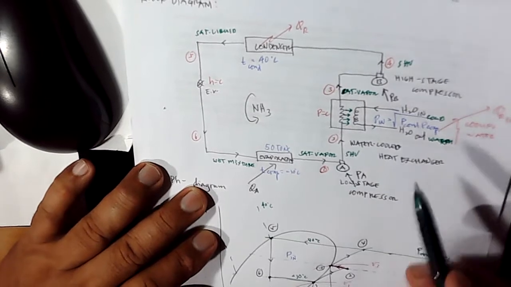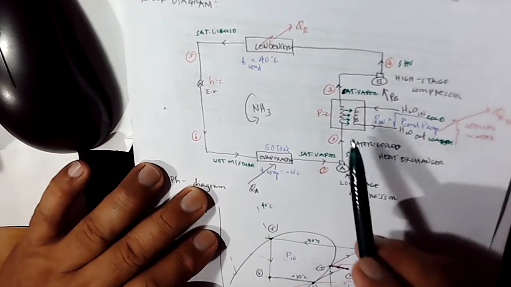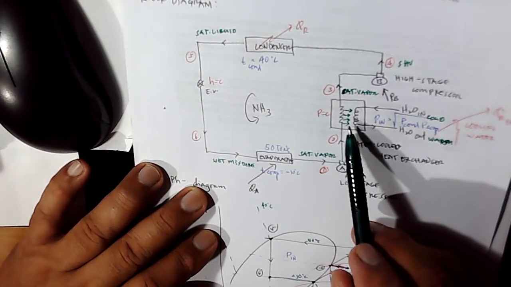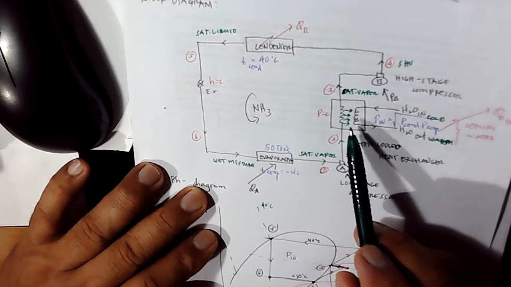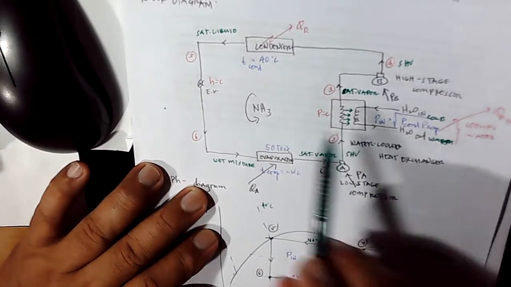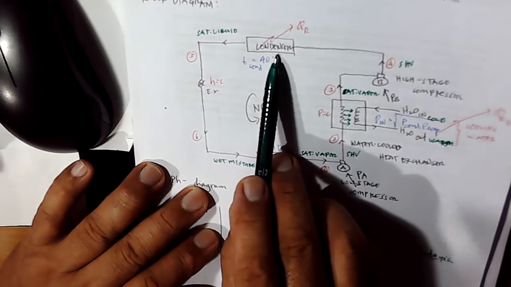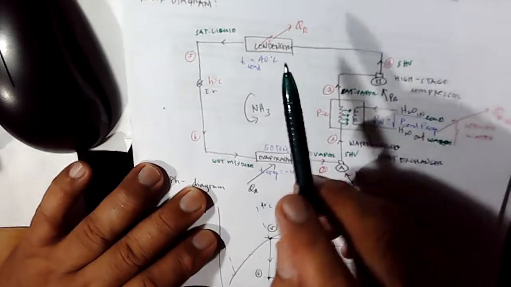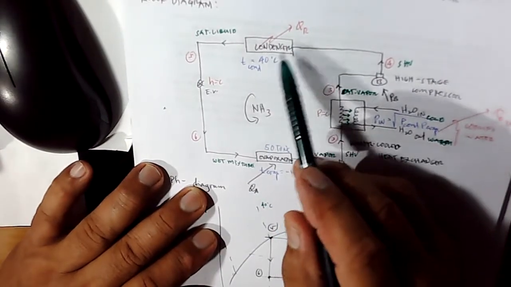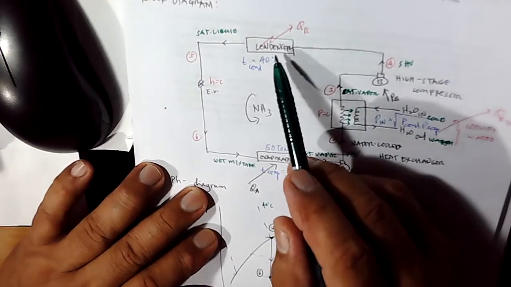So again, we have two rejections of heat. The rejected heat coming from the intercooler, by the use of a water-cooled heat exchanger, and the rejection of heat coming from your condenser. You can use a medium, either in a big capacity, you can also use cooling water.